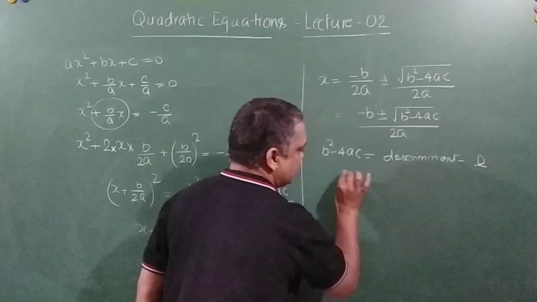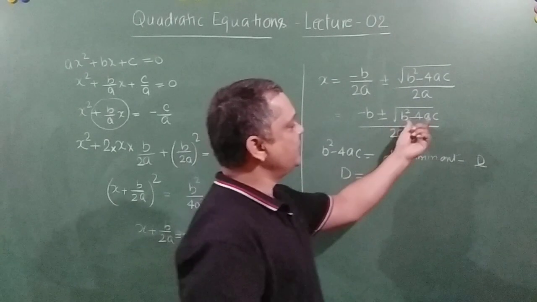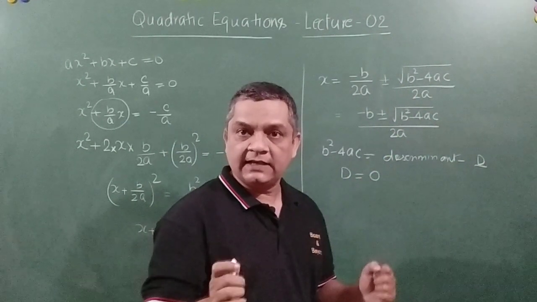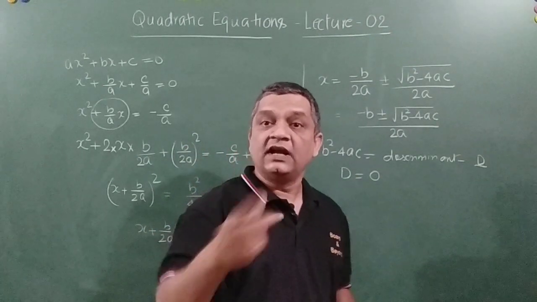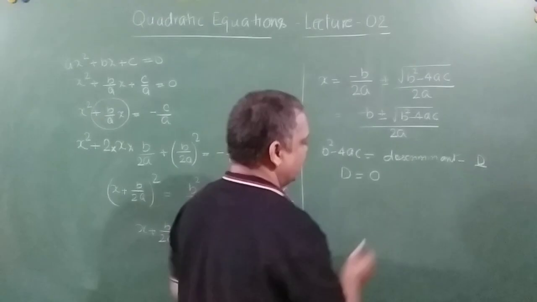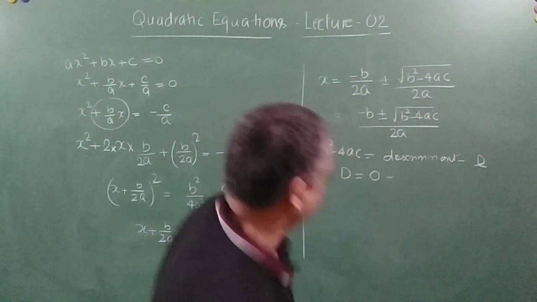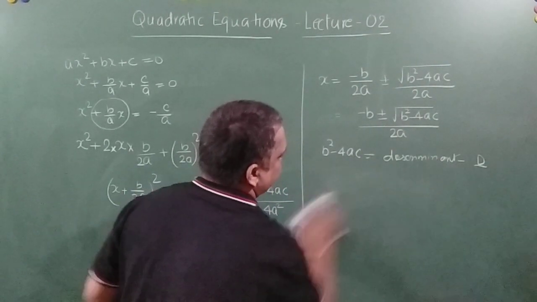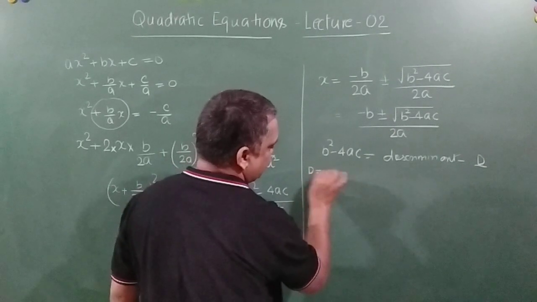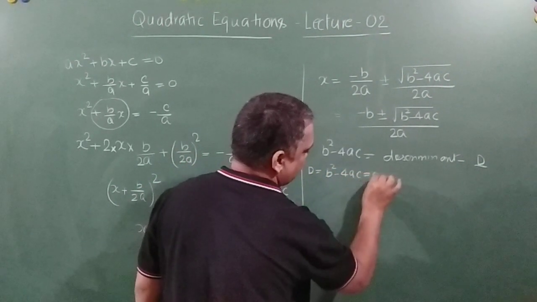Now, there are certain situations which arise to you. Okay? Let us say D is equal to 0. Let us say b square minus 4ac becomes 0. In that case, you will have two equal and real roots. Okay, let me write it here. So d is equal to b square minus 4ac is equal to 0.